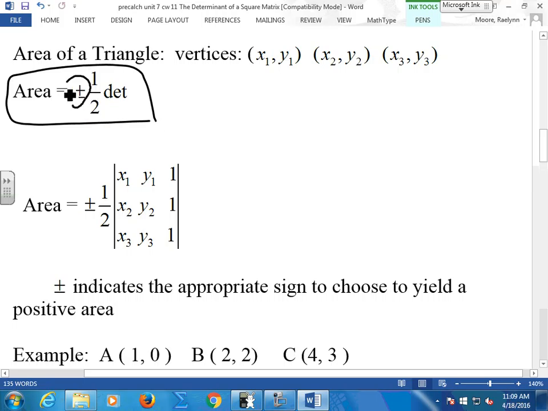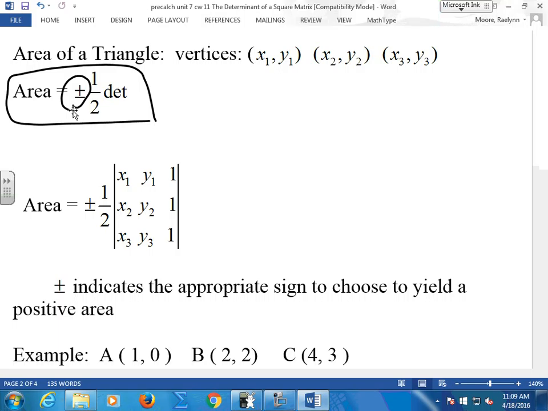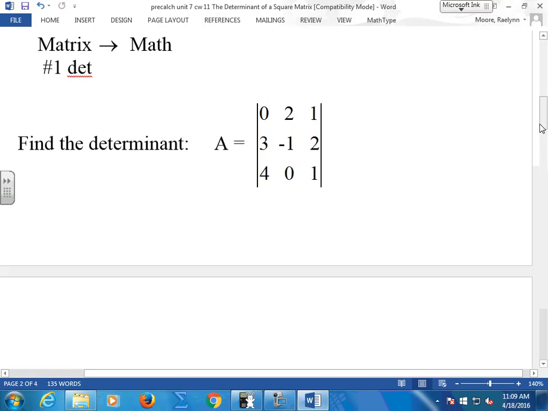Now notice this says plus or minus, because a determinant can be negative, but an area cannot. So if your determinant comes out negative, then you'll use the negative part of that because your area needs to be positive.